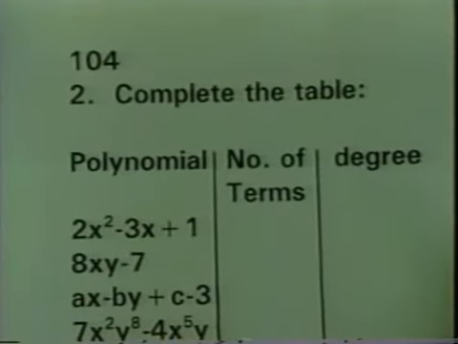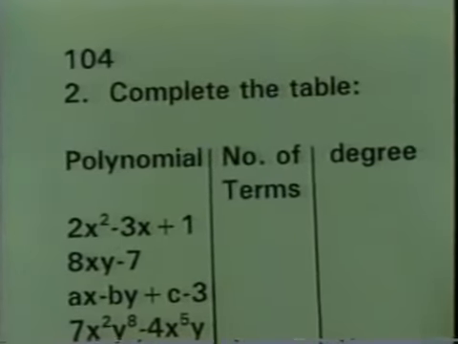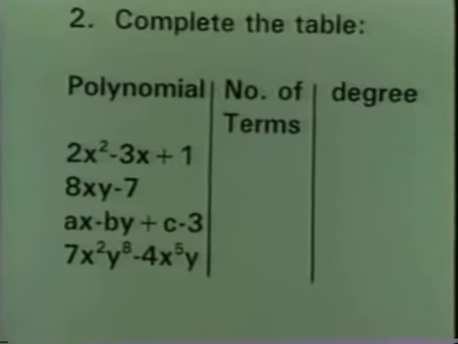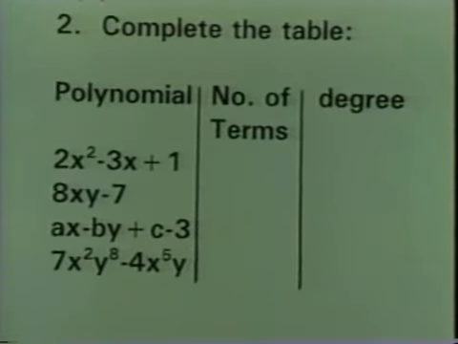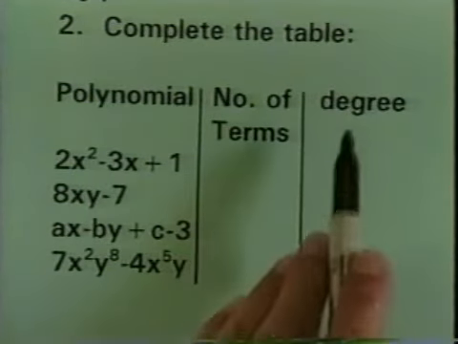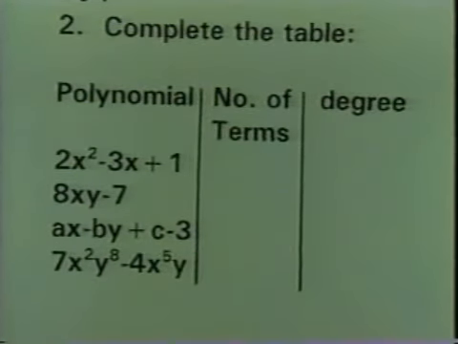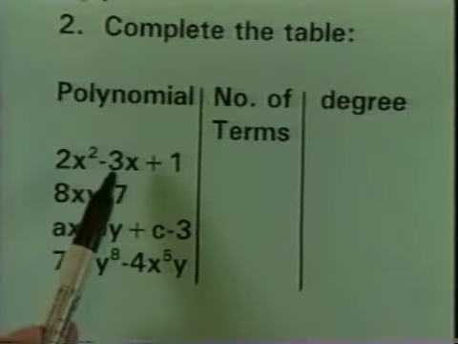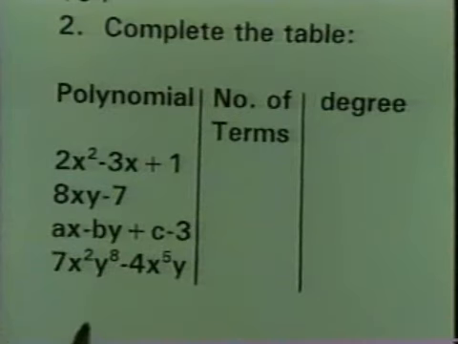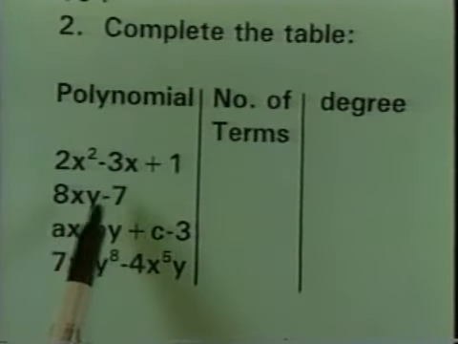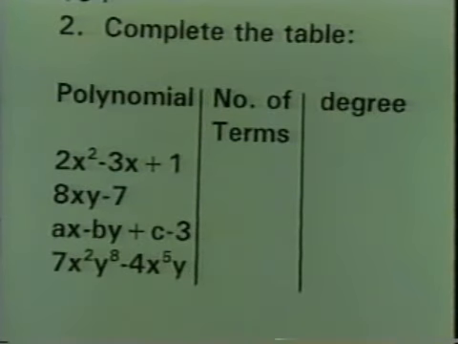Here's your second exercise. In this exercise, I also want you to complete the table, but in this case, I'm giving you a polynomial. I want you to give me the number of terms and the degree. The first polynomial, 2x squared, subtract 3x plus 1. The second polynomial, 8xy, subtract 7.